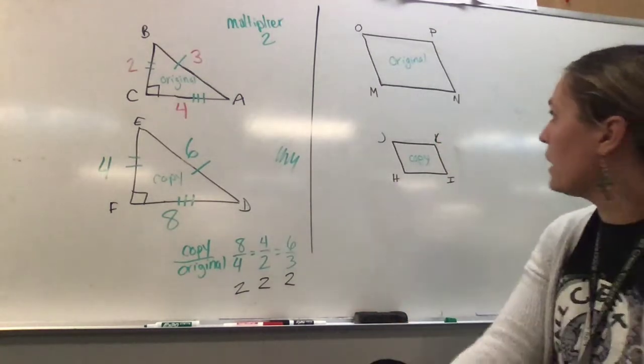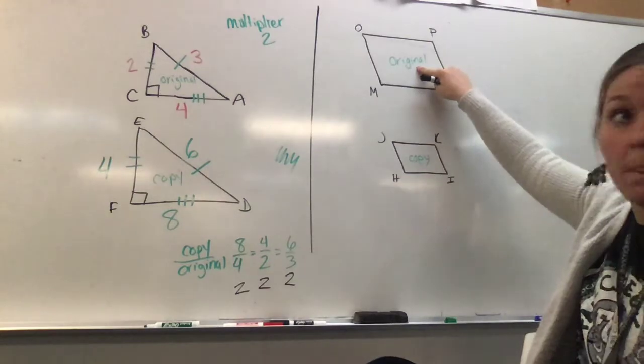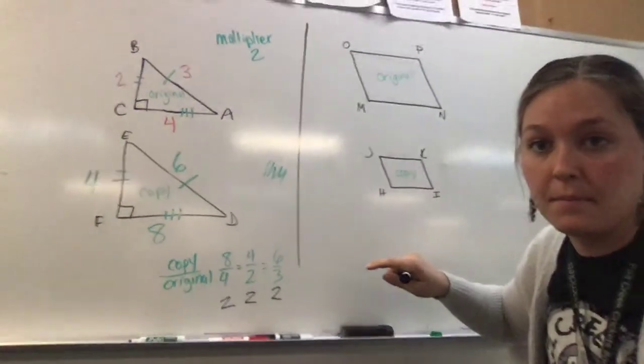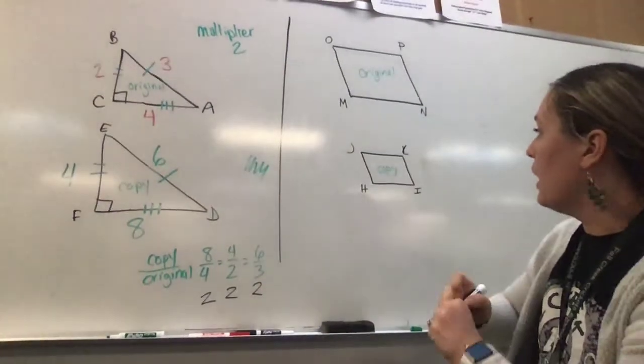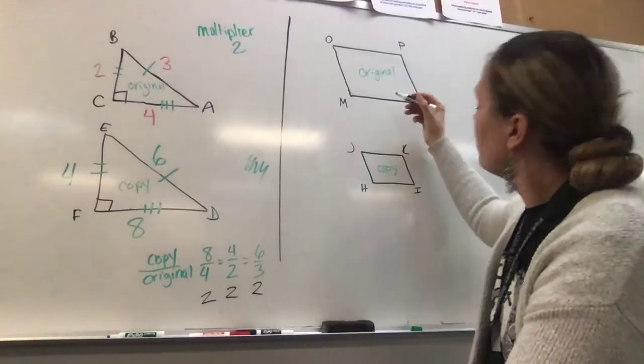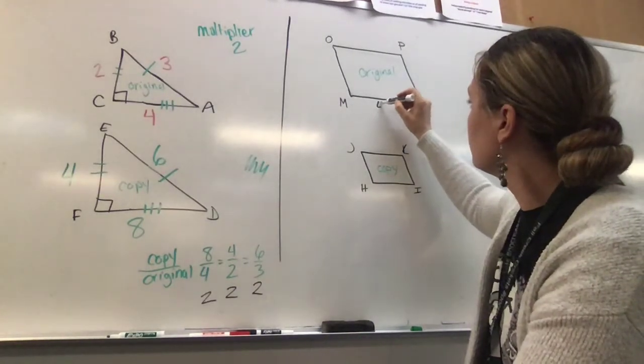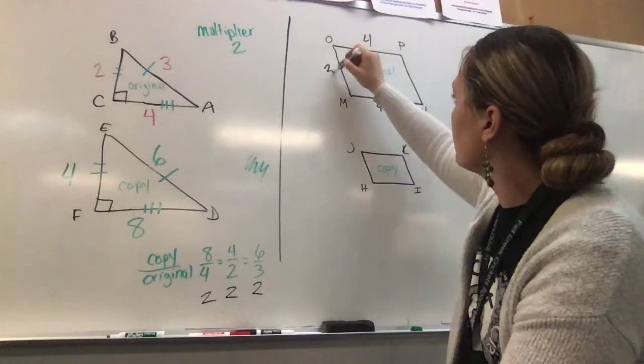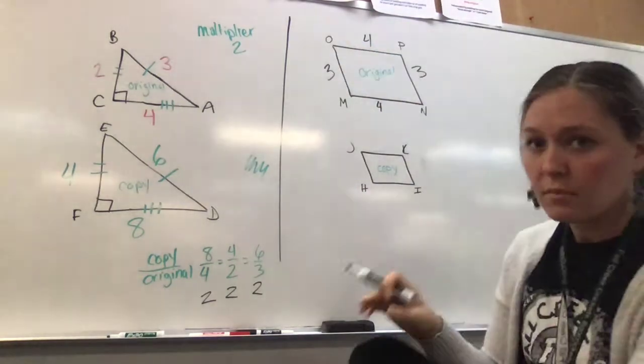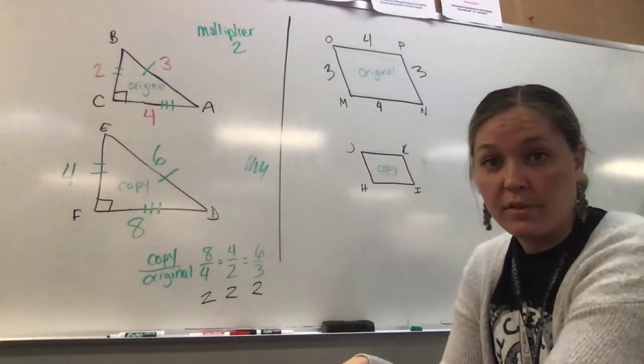So we have these parallelograms now, and this is the original, and this is the copy. So let's say we have 4, 4, 3, and 3. And we want to know if they're similar.